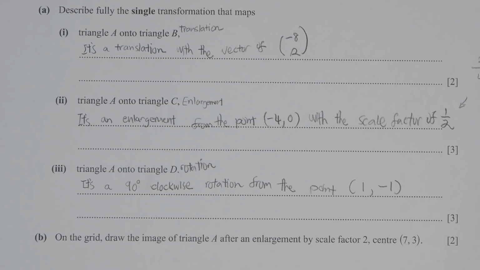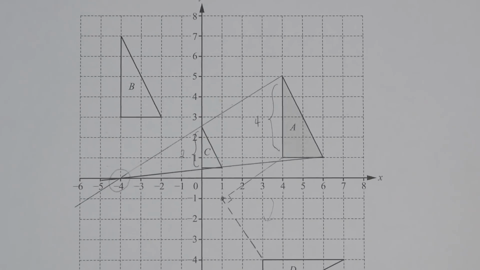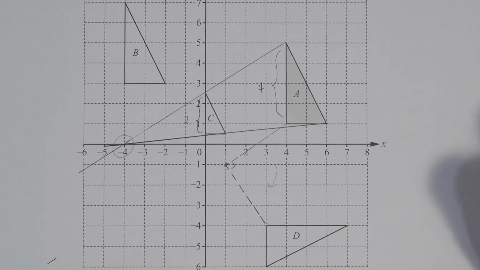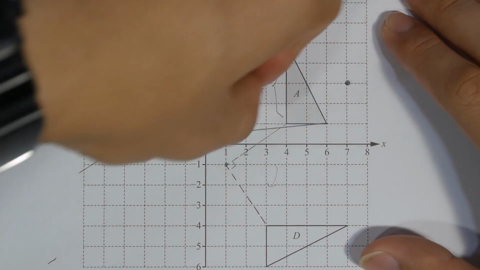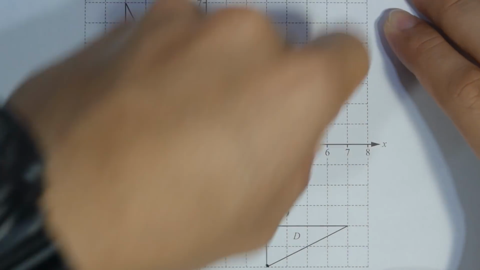On the grid, draw the image of triangle A after an enlargement by scale factor 2 from the center 7, 3. So I've included it over there, you can just refer to it on how I get the image.